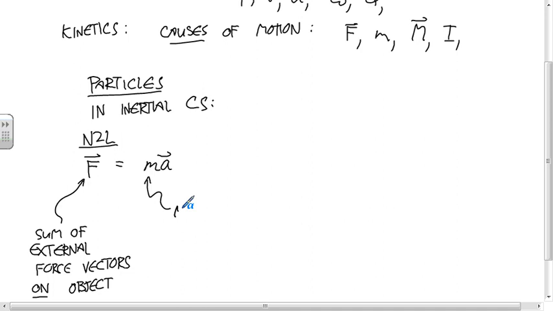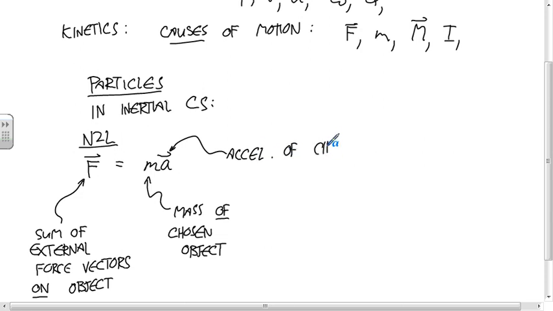The mass is the mass of the chosen object, and A is the acceleration of that chosen object. Based on these little summaries, you can see that it's going to be really important in using Newton's second law correctly to identify carefully what your chosen object is.